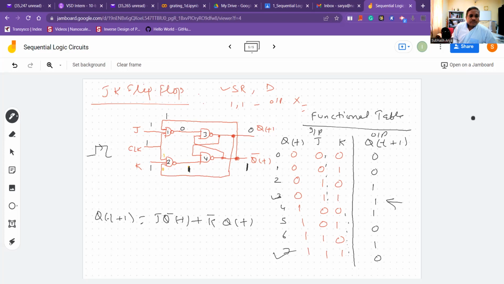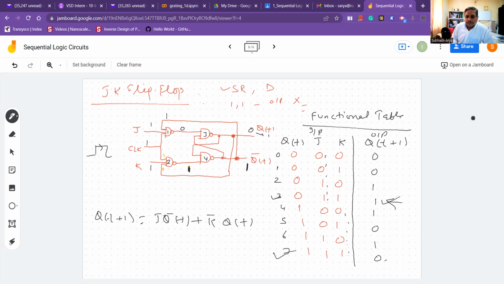So the output of gate 3 is nothing but logic 1, because any input 0 gives output 1. So you can see the next output is 1 when both J and K are 1 and the previous output was 0. If the previous output is 1, then it will be 0. That can also be verified.